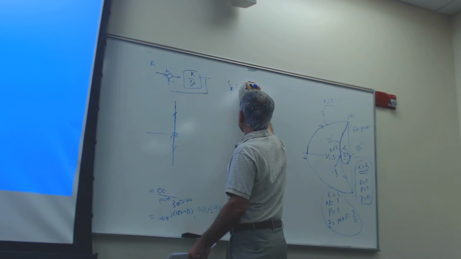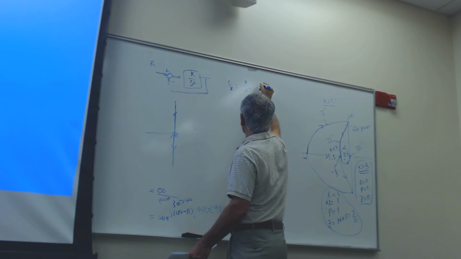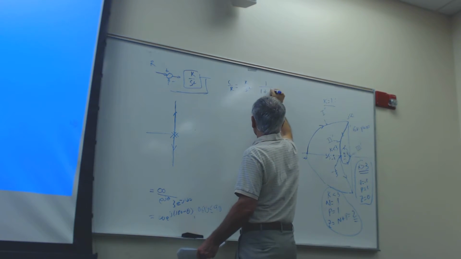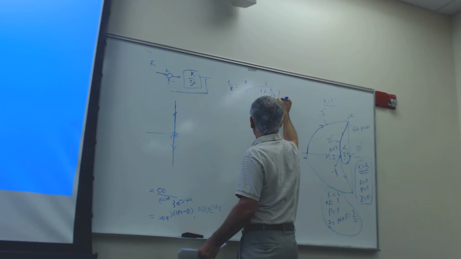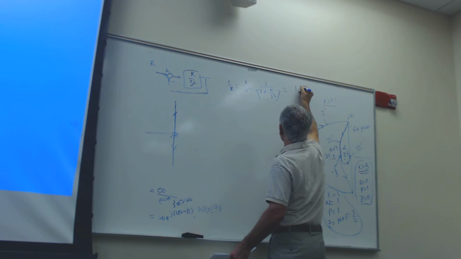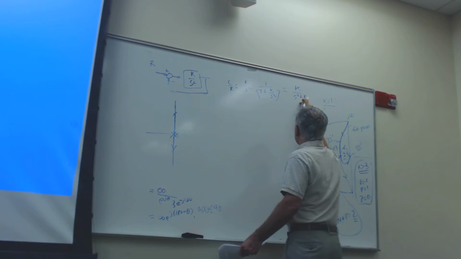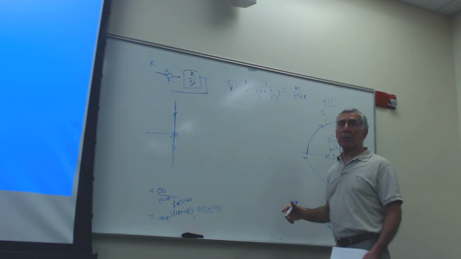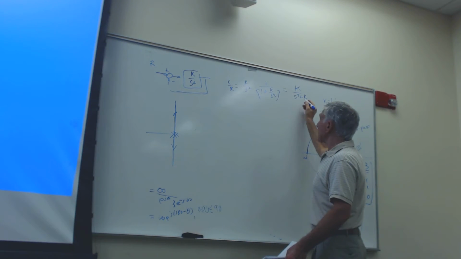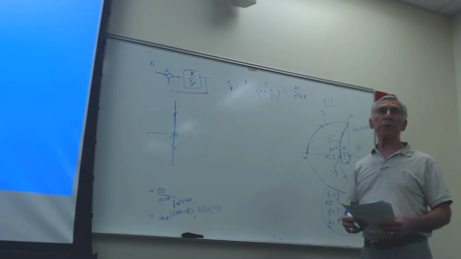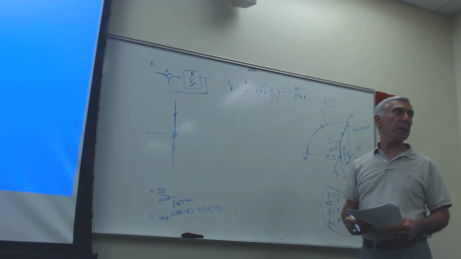The C over R is equal to K over S squared over 1 plus k over s squared, which is equal to k over s squared plus k. Okay, so from the denominator, you can see that it oscillates at the frequency which is equal to the square root of k.